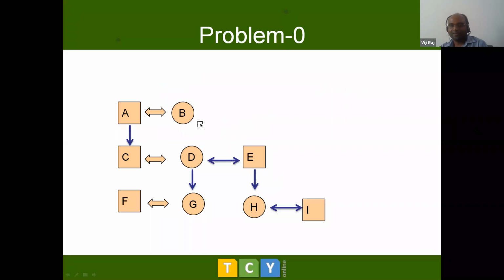All right. Now let me ask you, how is H related to C? Not C related to H. How is H related to C?